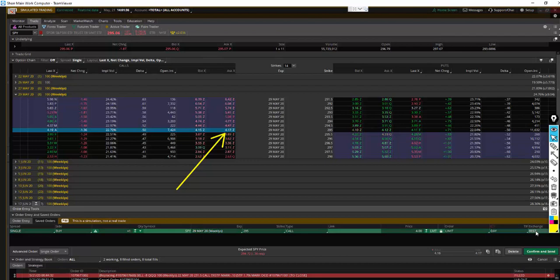Exchange, always use best. Thinkorswim has a way of routing things to the best exchange. If this doesn't go to an exchange called best, it goes out there and finds the best offer.